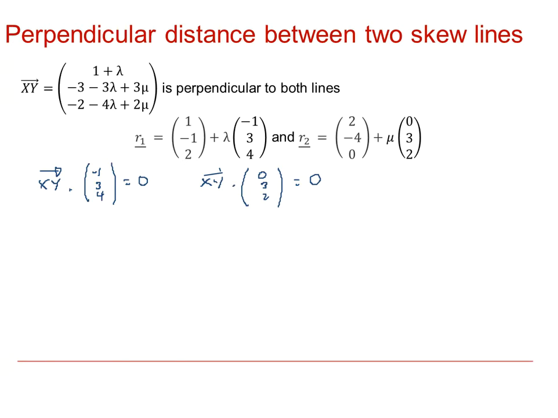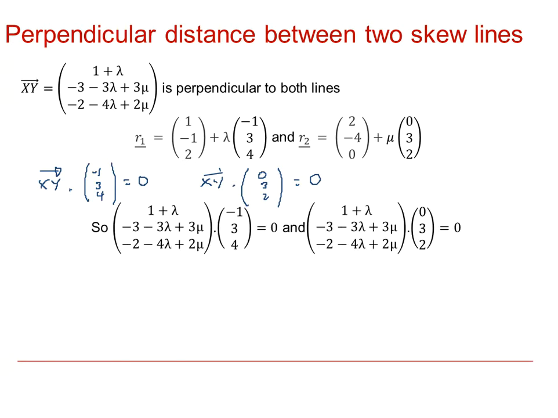So those two dot products are given here, and from those we can calculate an equation from each of them which includes lambda and mu. What I suggest you do now is just pause the video and work out those two equations for yourself, and then come back to check that you get the correct values.